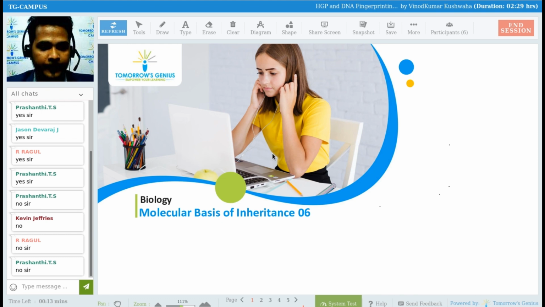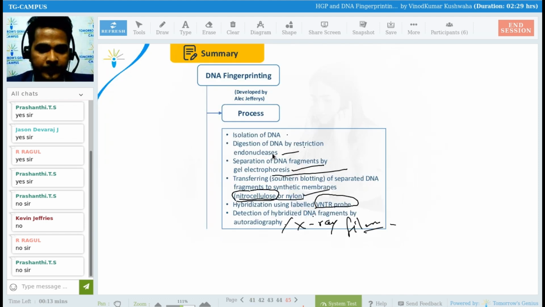Okay, question number 10. In my system, question number 10 is: probes used in DNA fingerprinting are initially... Is that what you're talking about? Yes? Okay, so what is the problem in that question?